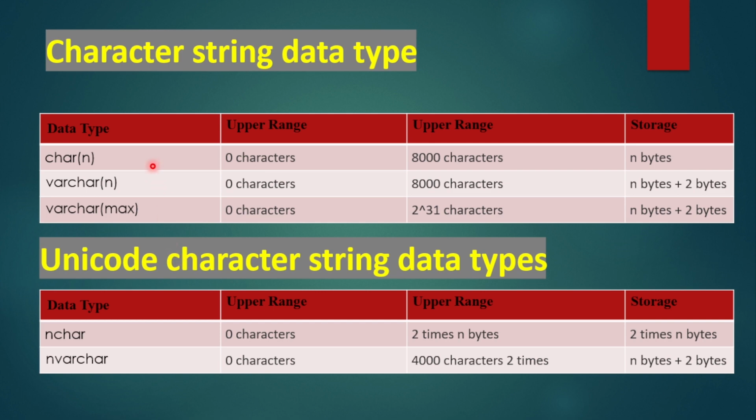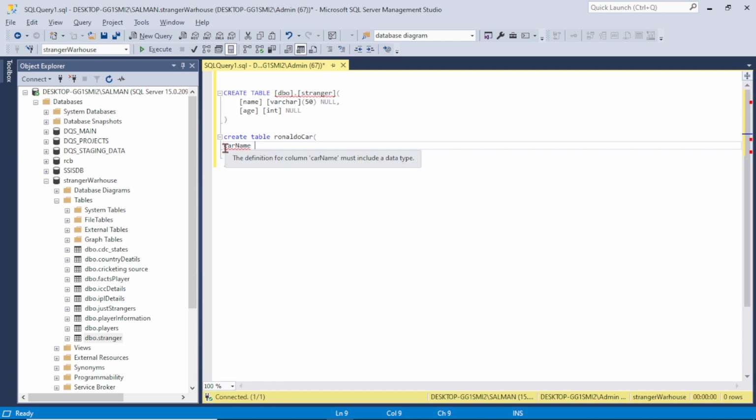So for this we can use the char data type with a length of 30. 30 is enough, I think. So the first column is car name with char as the data type, and the length is 30. We can store up to 30 characters inside this column.